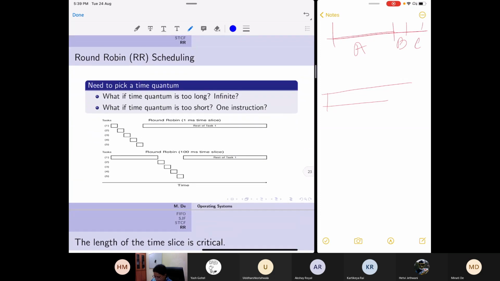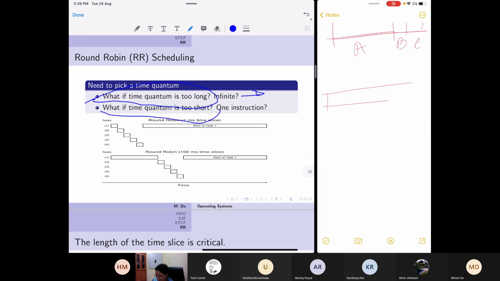So for example, if the time slice is too long, or let's say infinite, then the picture is similar to what? Can you tell me? It's similar to first come first serve, right? First in first out, right?